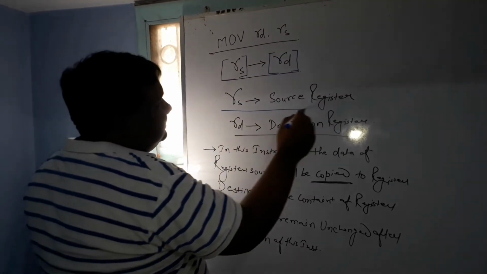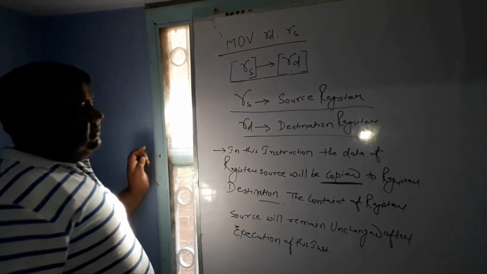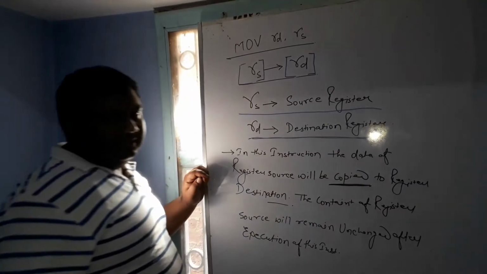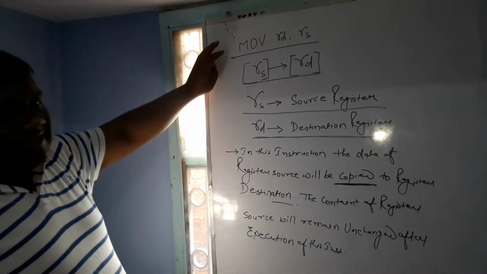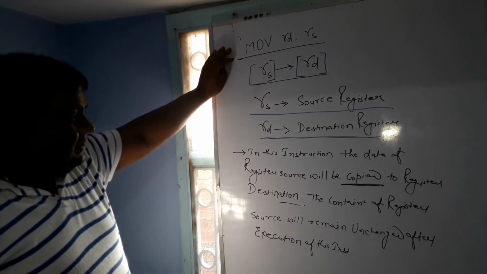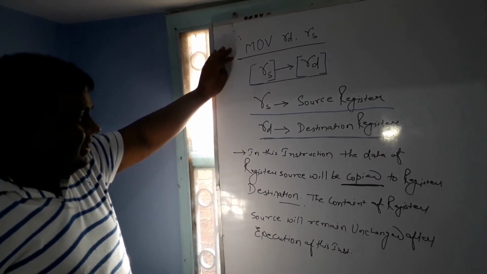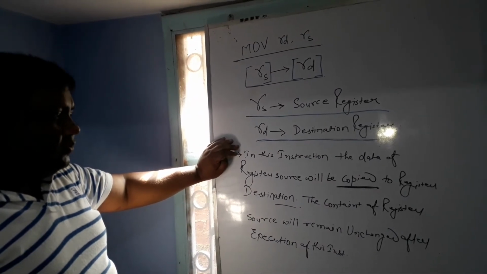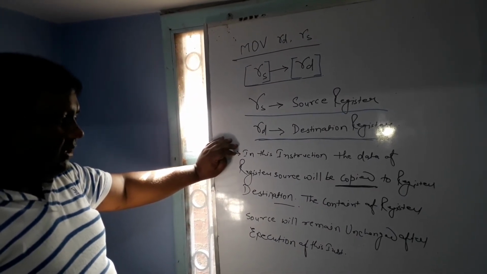Here RS is called the source register and RD is called the destination register. This instruction is described as: the data of register source will be copied to register destination.